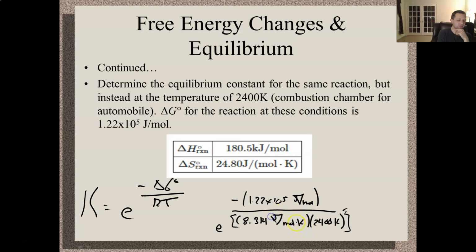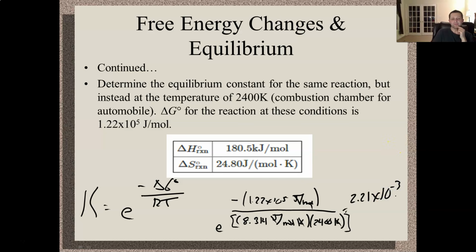You see your joules cancel, moles cancel, Kelvins cancel. And what you end up with is a slightly more favorable process, although still not all that great. 2.21 times 10 to the negative third. You can't see the negative there. It's there, trust me.